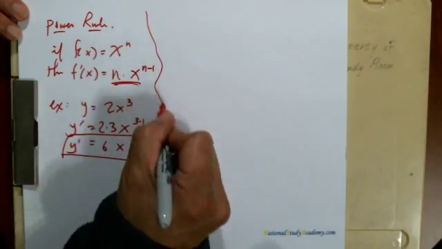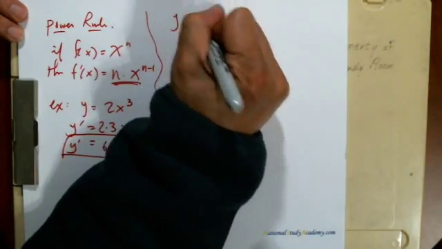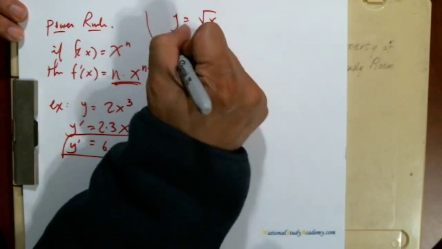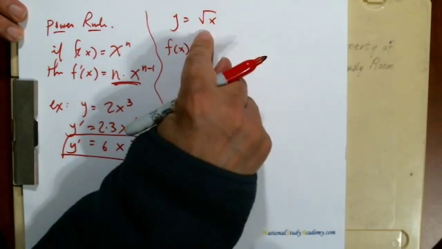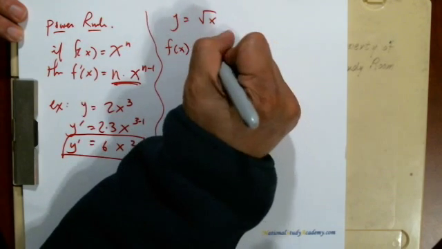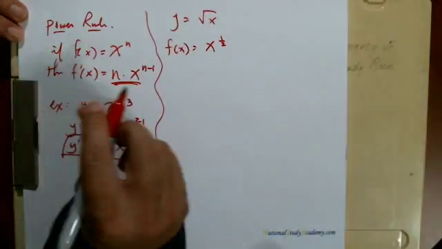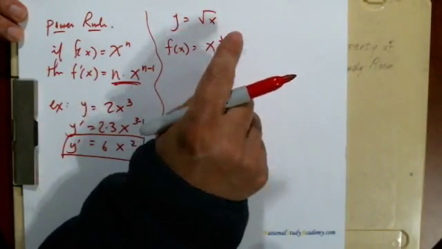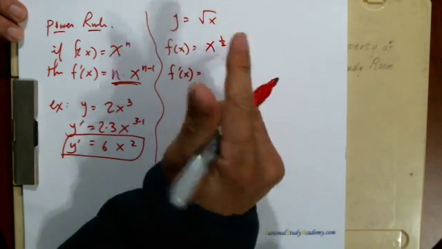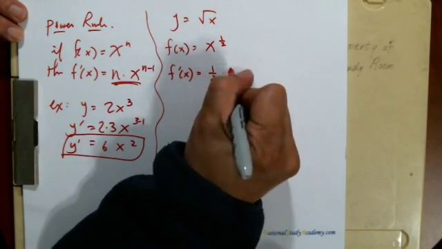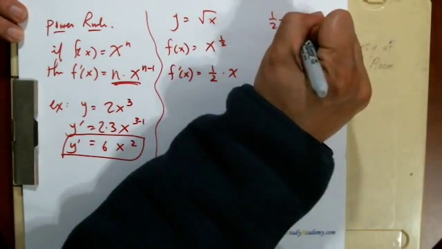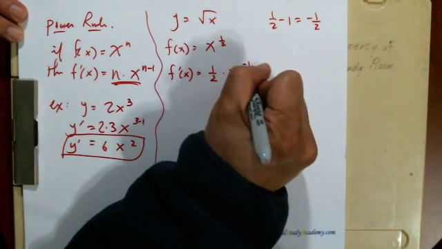Well, let's try to use that for our previous example, y equals square root of x, or instead of calling it y, you can call it f of x. First thing we need to do is change this to exponential form instead of radical form. Same thing as x to the 1/2 power. If you remember, from radical form to exponential form, you take the derivative now, bring it all down. This is 1/2 times x to the, what's 1/2 minus 1? Negative 1/2. Right?